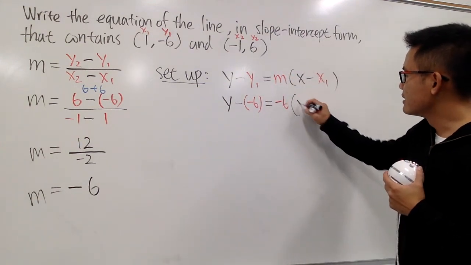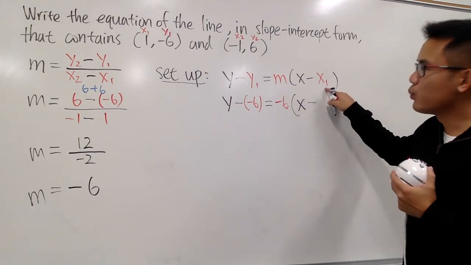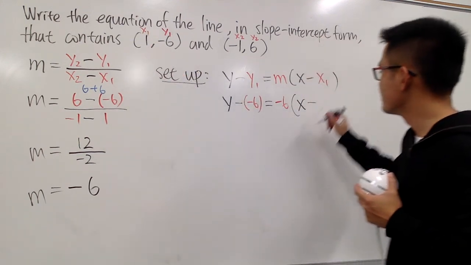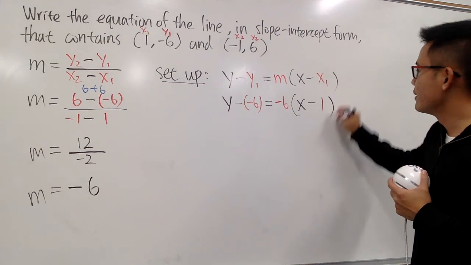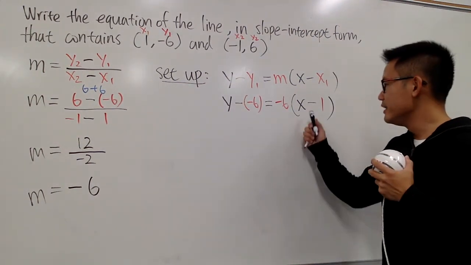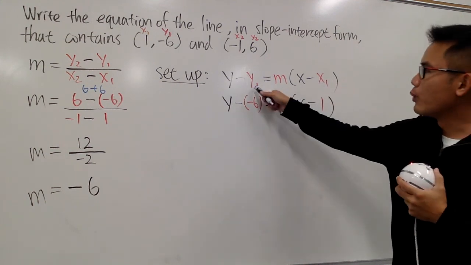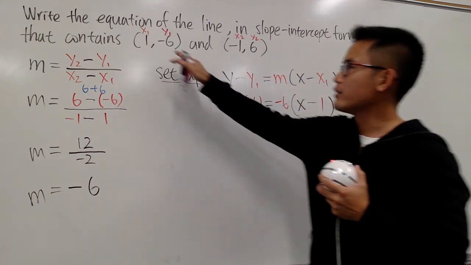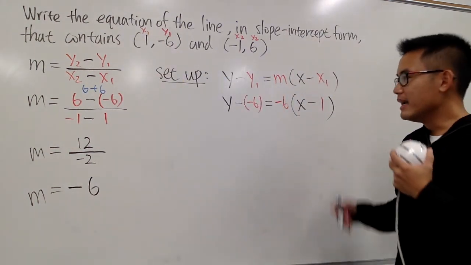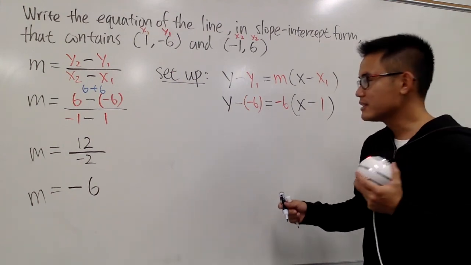Parentheses, the x stays, minus the x1, which is -1. So as you can see, the x and y in black stay, and then the x1, y1, and m values, we plug in right here. At the end, we just have to work this out.